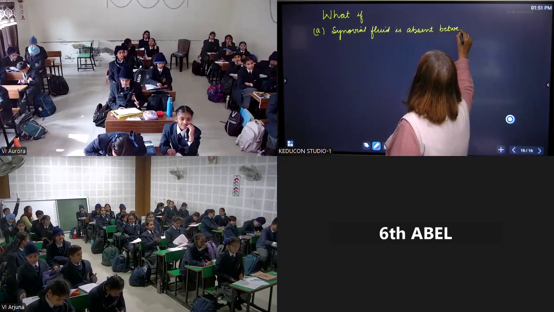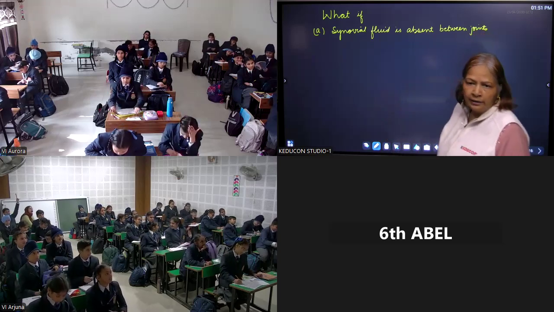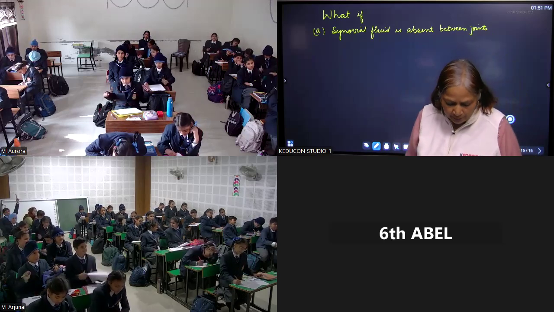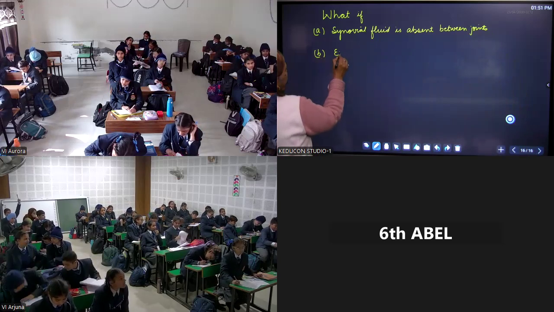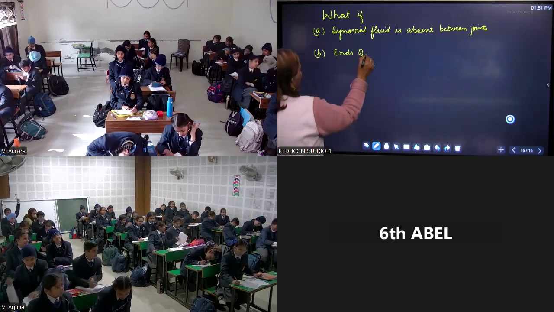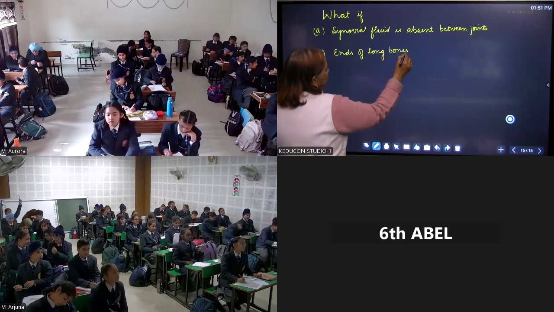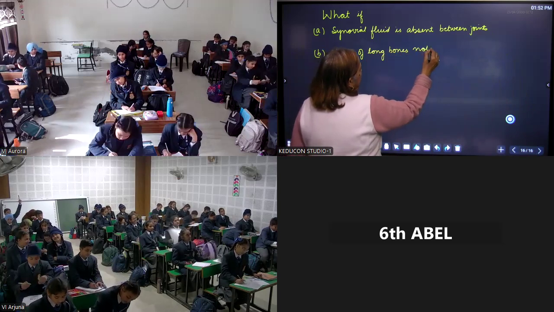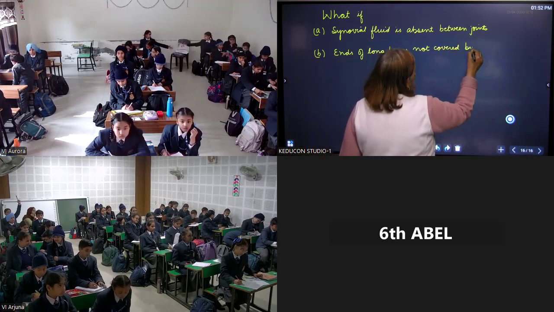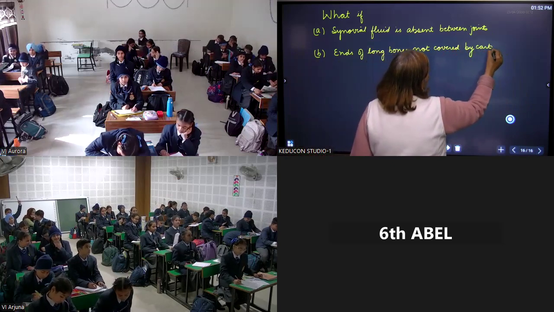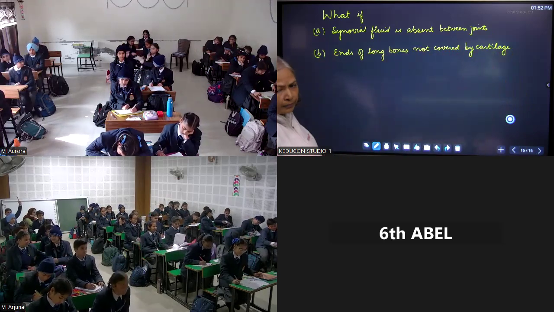लिखते चलो और आंसर भी लिखना है. What if synovial fluid is absent between joints? Ends of long bones not covered by cartilage.